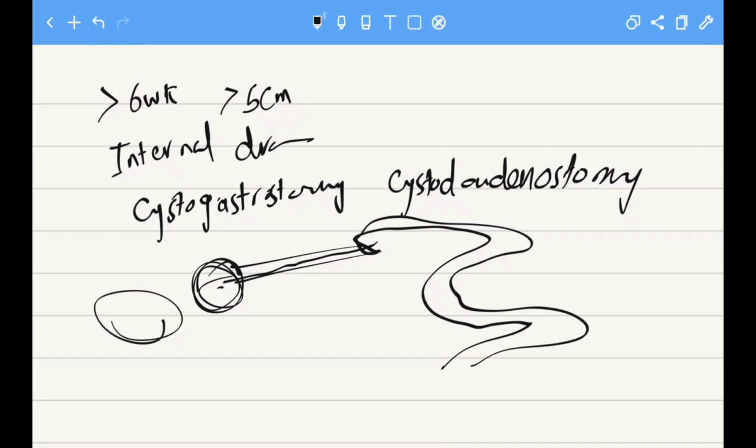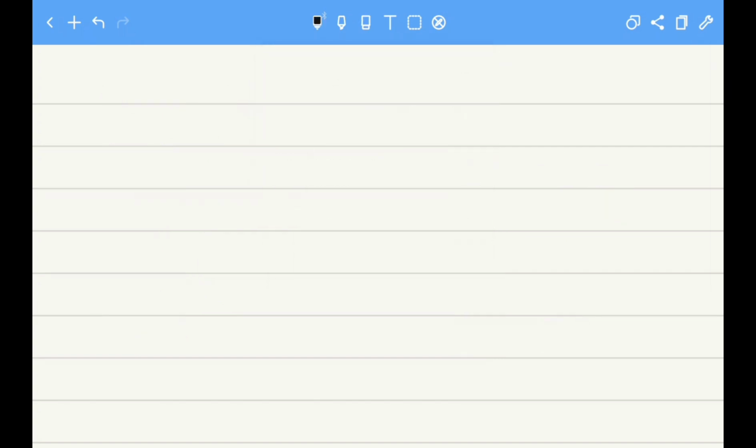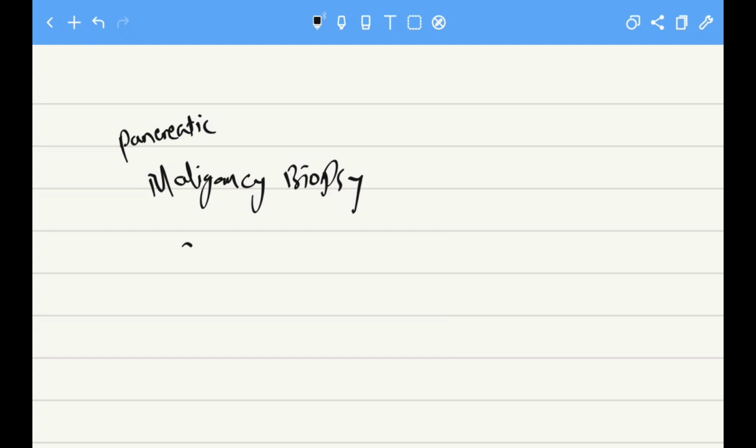And I will take a biopsy from the cyst wall to exclude malignancy, as it is more common with pancreatic malignancy.